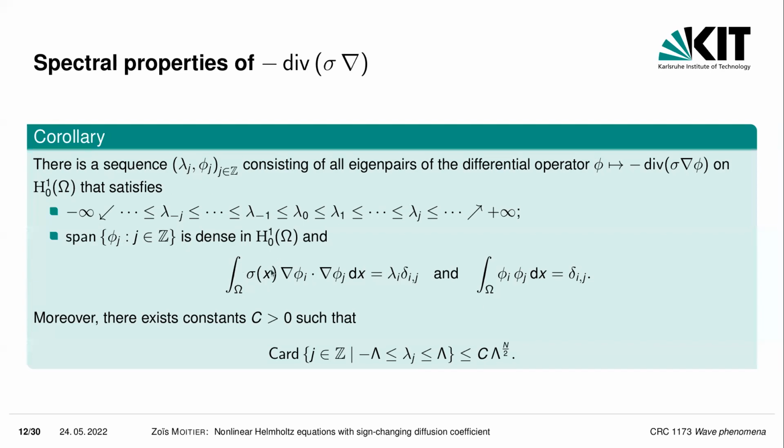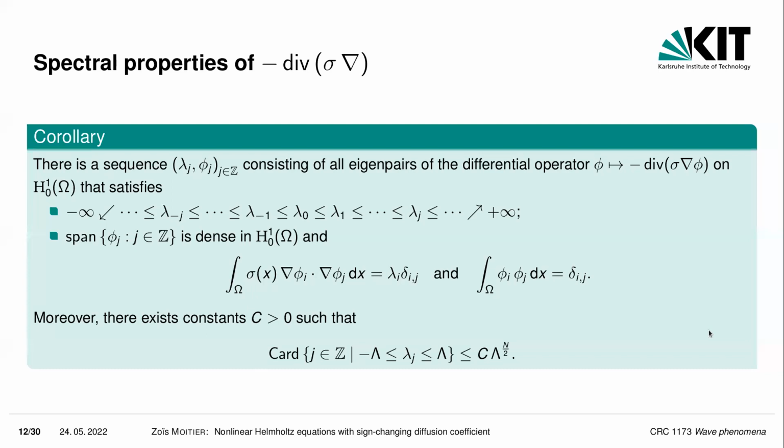And here, since sigma changes sign, it just tells you that it has nice product property, but doesn't tell you if it's a basis or not. And from the Weyl law, we have an upper bound on the number of eigenvalues of this form.